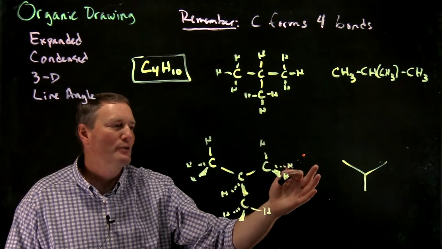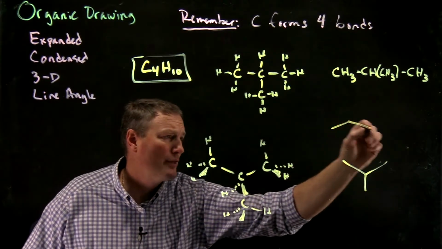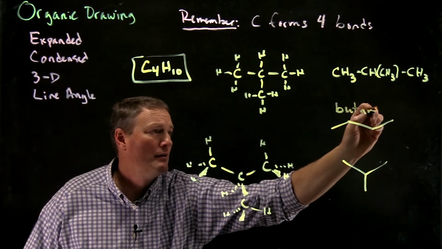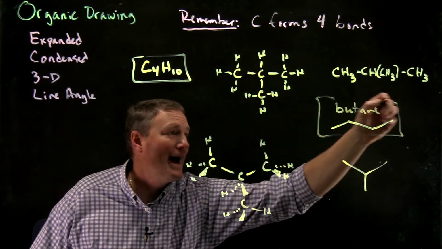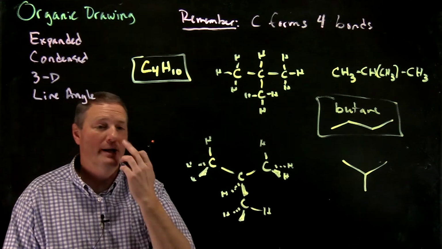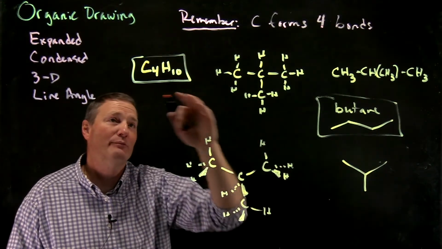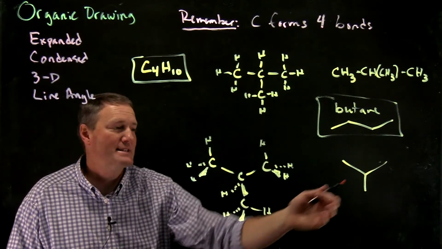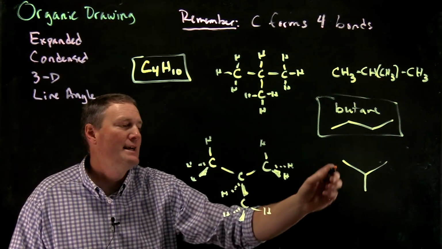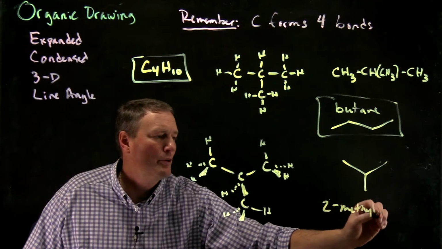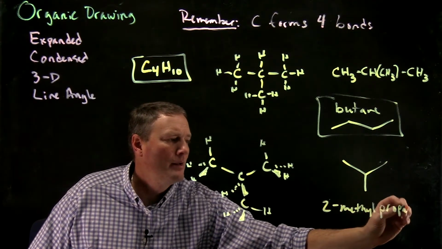So in these molecules, the first example I drew was regular butane. That's one isomer of C4H10. This is also going to be an isomer because it retains the same molecular formula, just has a different connectivity of the carbons. This molecule will be called 2-methylpropane.